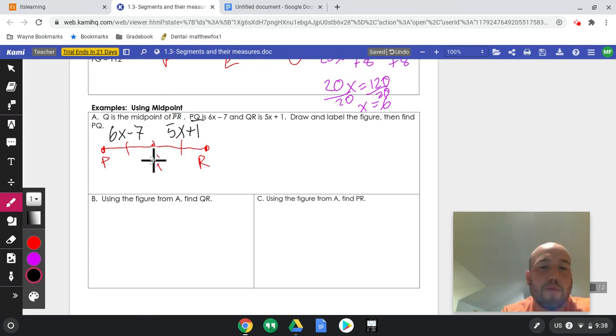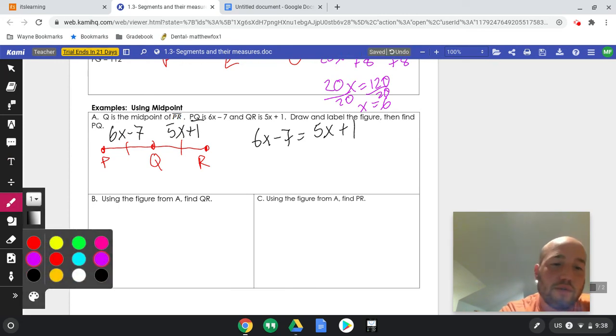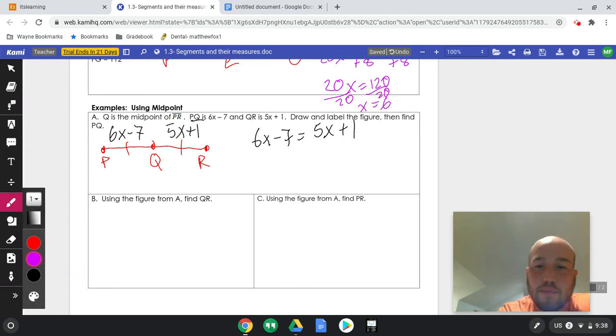The only way for Q is the midpoint is if each side is exactly the same. So my equation, whenever we're dealing with the midpoint, we know we can set the two sides equal to each other. Now from here, there's a couple ways we can solve it, but just add the 7. No matter how you solve it, you get the same answer.